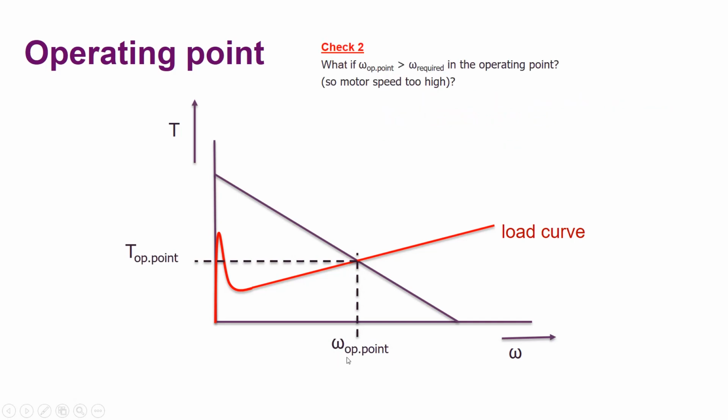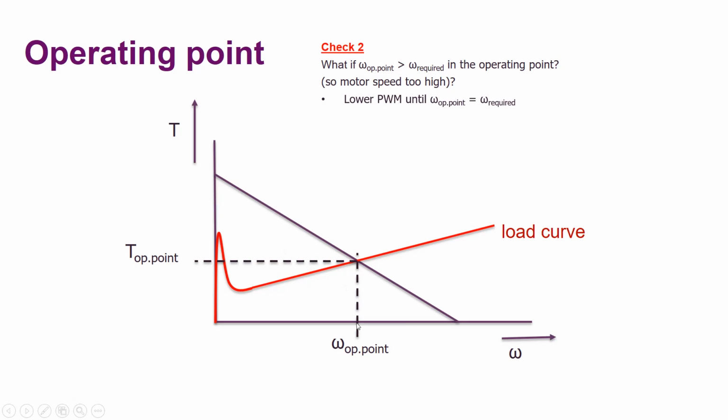Of course, the speed in that operating point has to be the omega, the speed which I require, or even higher. It's not a problem when it's higher, because then we can reduce the PWM to the motor, so we reduce the motor voltage. So this motor speed characteristic will drop, but it will be parallel to the original one.